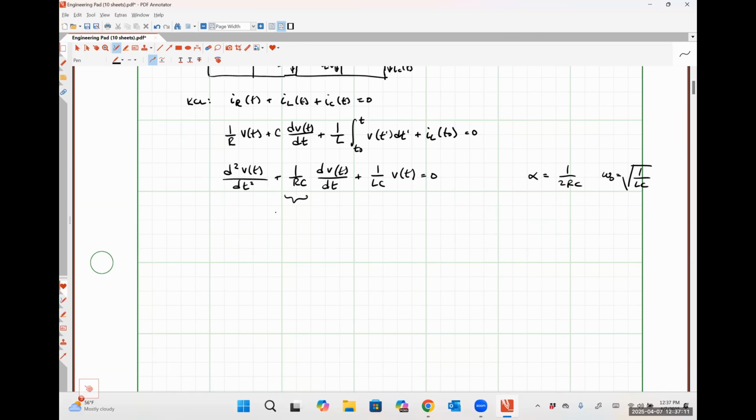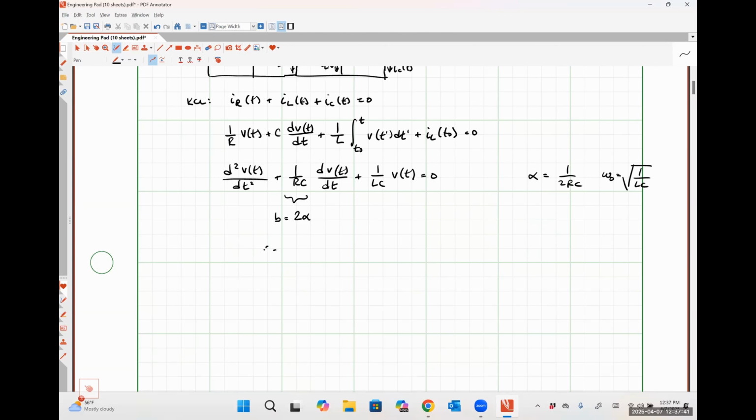Well, it looks to me like this guy right here, I'm going to call it b, since it is the coefficient on the first derivative term, is just equal to twice alpha.